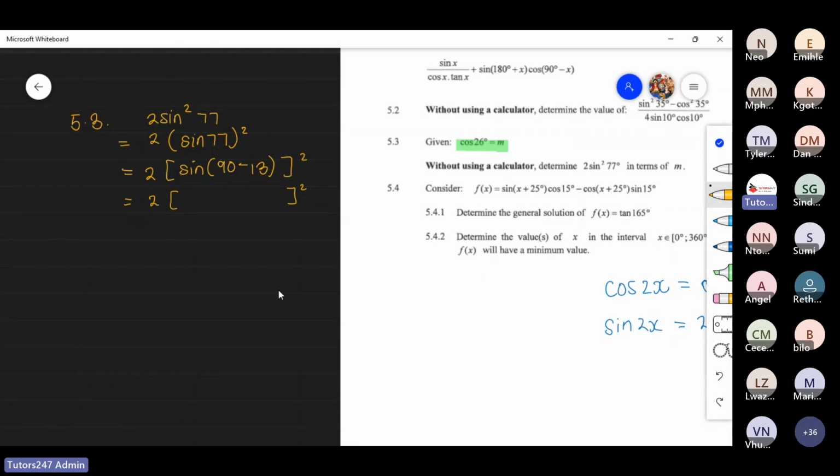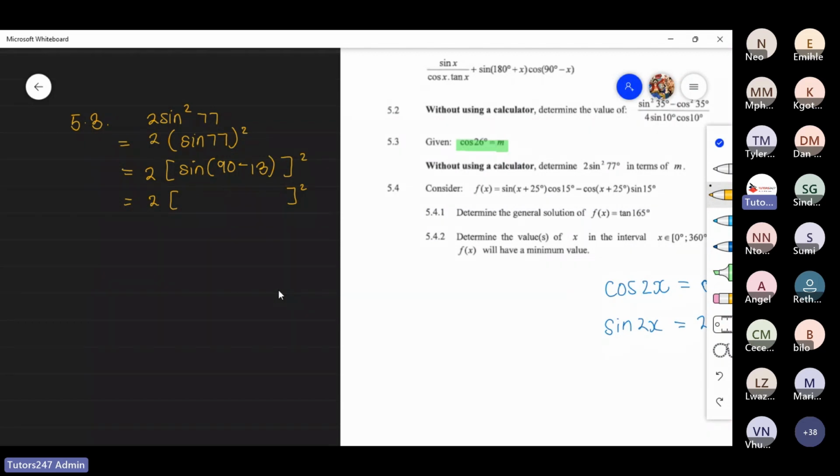Because I have that 90, it now becomes a co-function or co-ratio, whereby I can convert that to cos. So step number 1, we ask ourselves, 90 minus 13, what quadrant is that in? It is in quadrant 1. And sine is positive within quadrant 1. Therefore, I'm not going to put a minus sign.